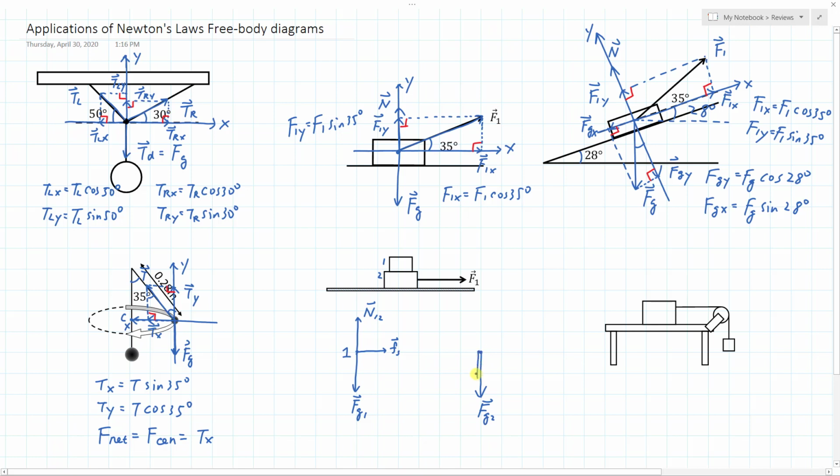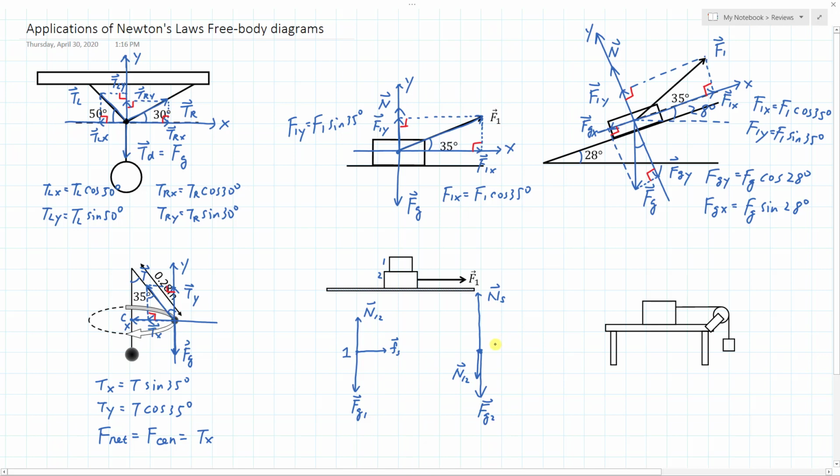There's this force, N_1,2. I'm using the same symbol. That's okay. And then there's an overall support from the surface below. So there's another N. Let's call it surface.